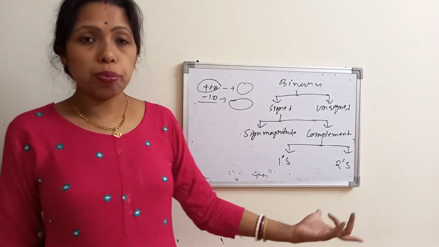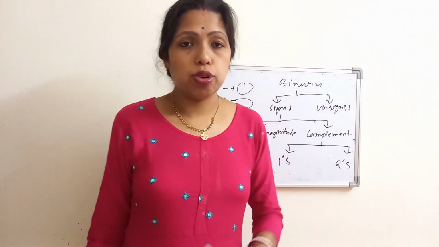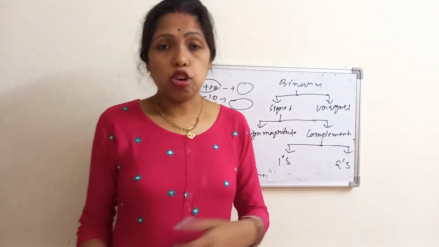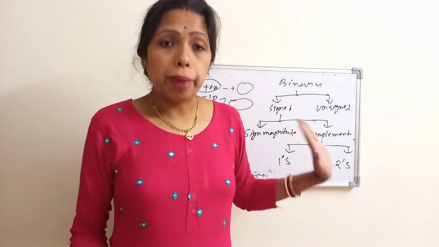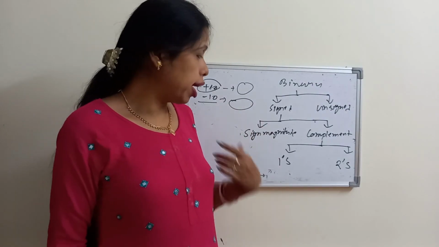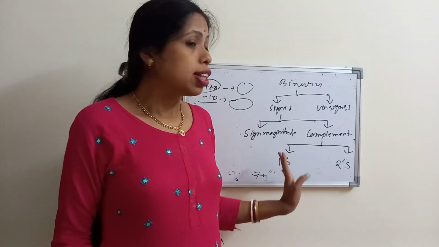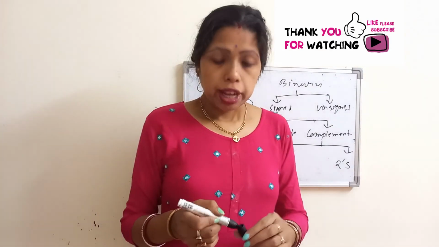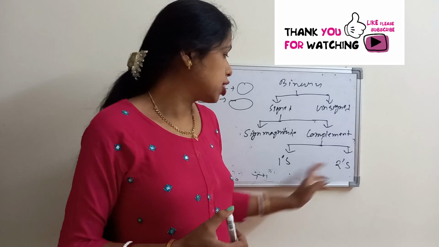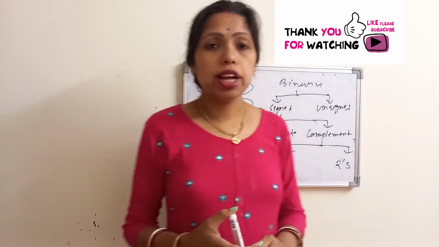In the complement format there are two types: one is the first complement format, another is the second complement format in case of binary numbers. How we can represent positive and negative numbers in these formats, I will discuss in the next class. These three formats I will discuss in the next class.